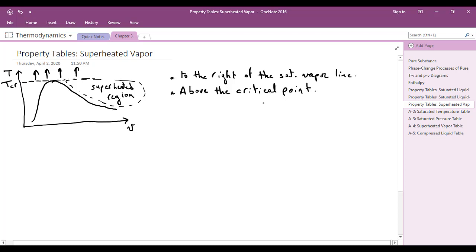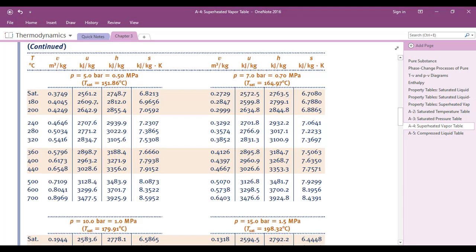So the table for the superheated vapor is located in A4, and as you can see, the properties of V, U, H are listed under values of temperature and for different values of selected pressures. So let's say here at a pressure of 5 bar, the first row corresponds to the properties of the saturated vapor.